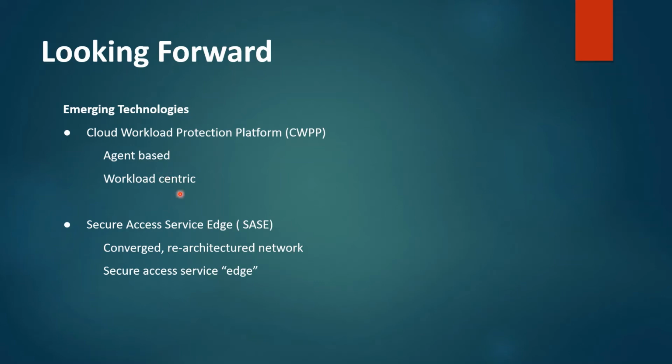And the other new technology is called Secure Access Service Edge, or SASE. This one is heavily based on the concept of software-defined network, and it basically converged and re-architected the existing network and the cloud computing environment. So this looks to be a good candidate to completely replace CASB in the cloud security landscape.